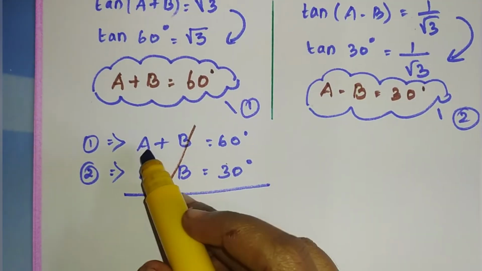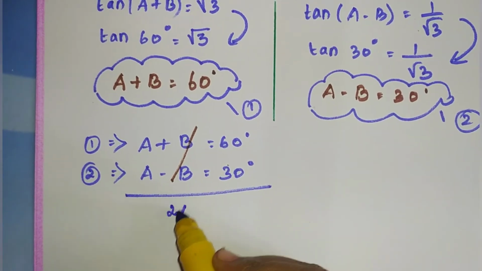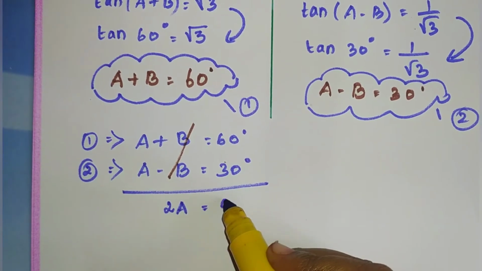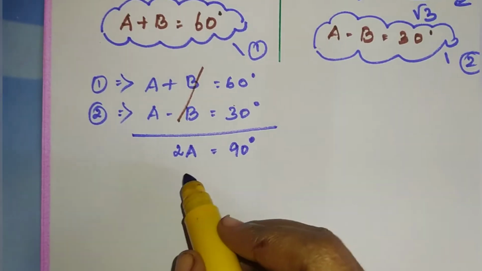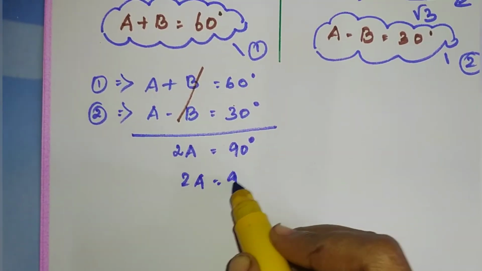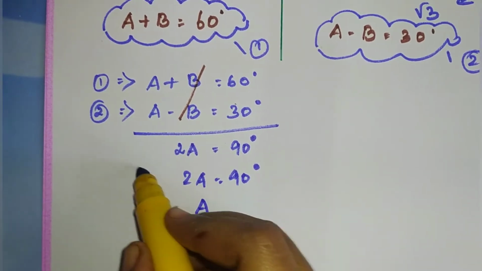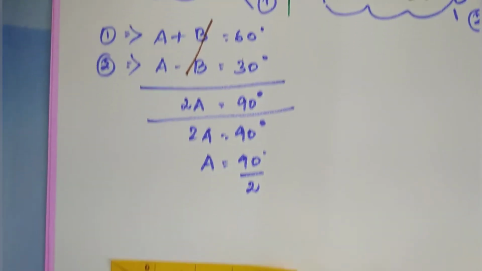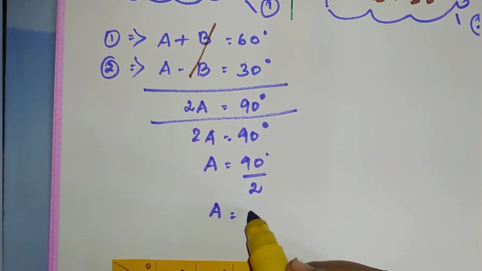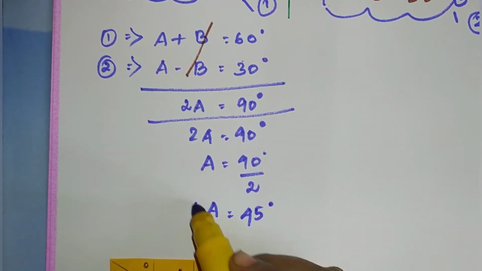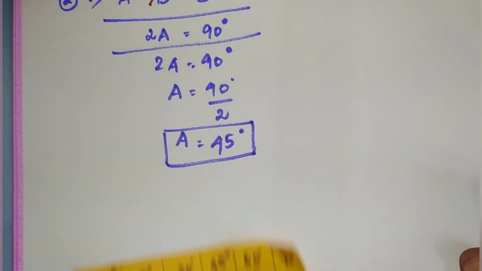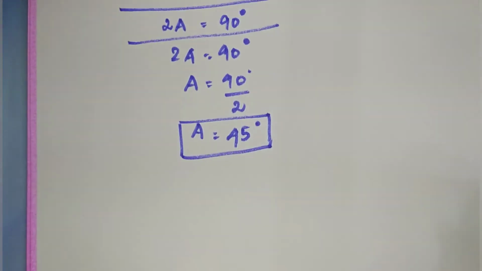The remaining is a plus a is 2a is equal to 60 degree plus 30 degree is 90 degree. 2a is equal to 90 degree, then a is equal to 90 by 2. If we cancel, a is equal to 45 degree.